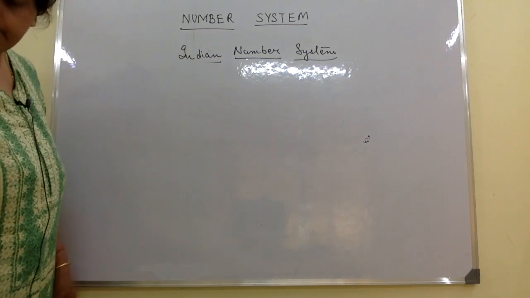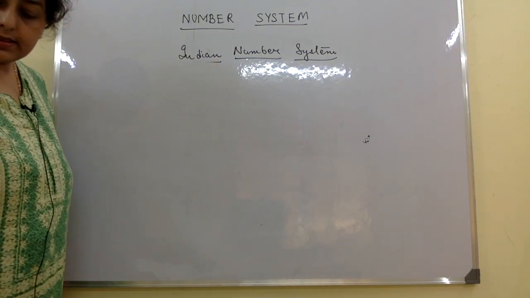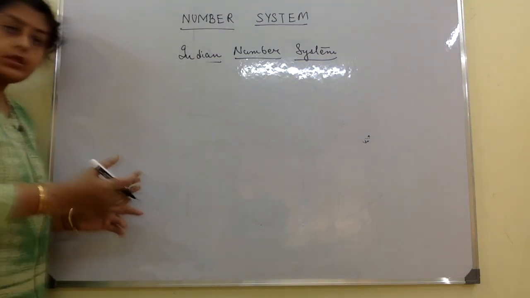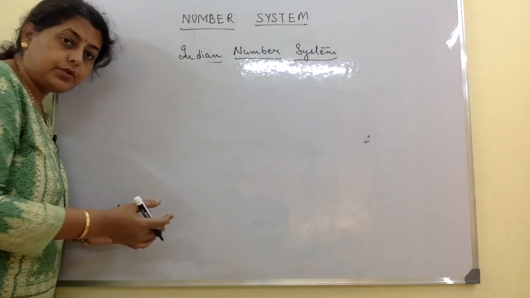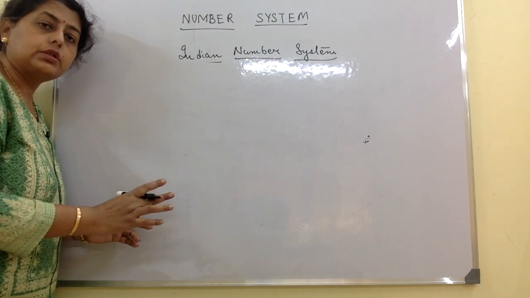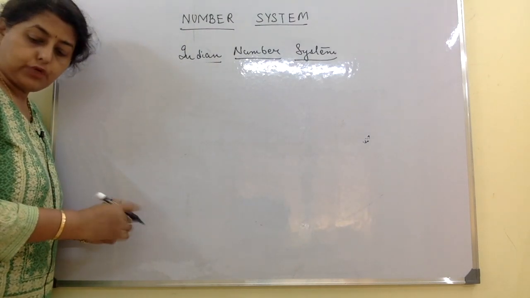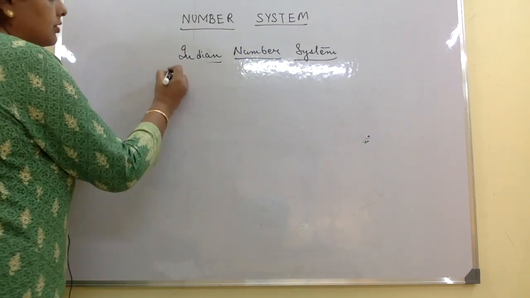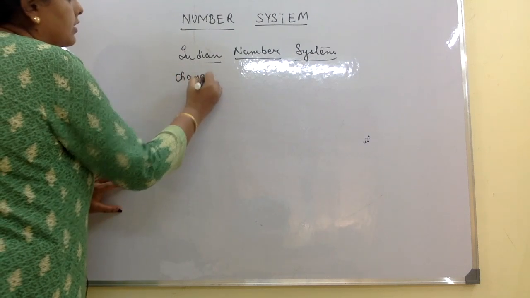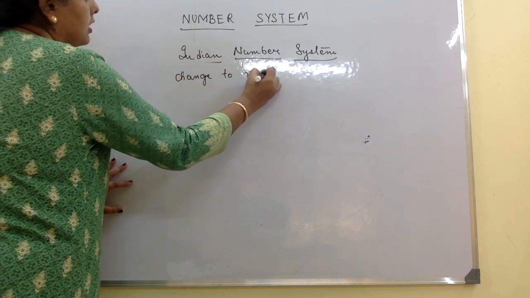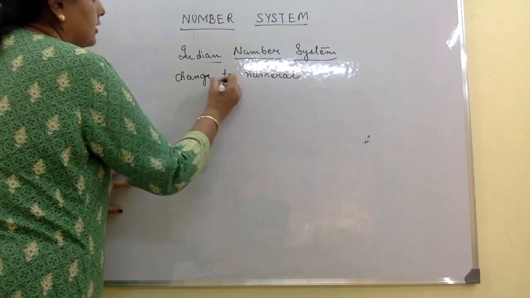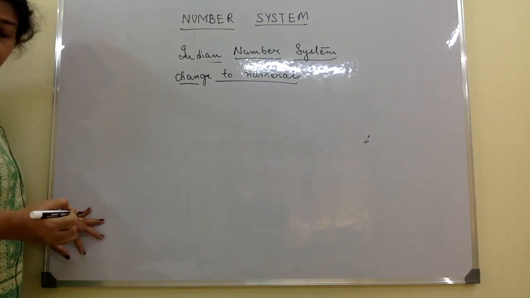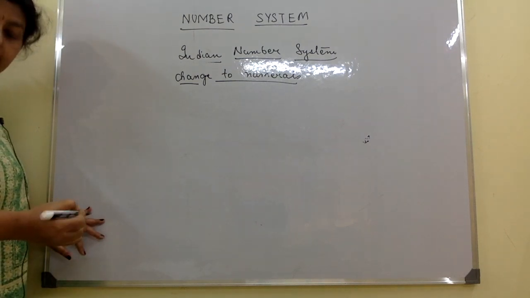Okay, so next, supposing they have given us one number in words, how will we change it to numerals? Change to numerals or write in numeral. So supposing 6 crore 5 lakh 57.